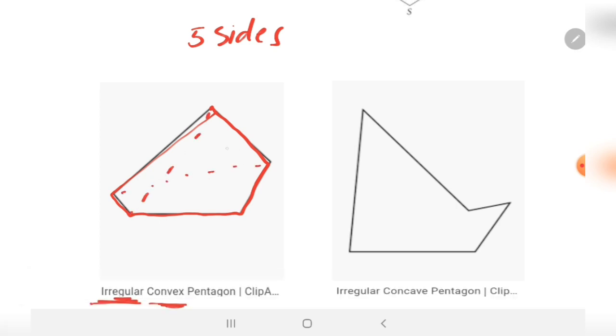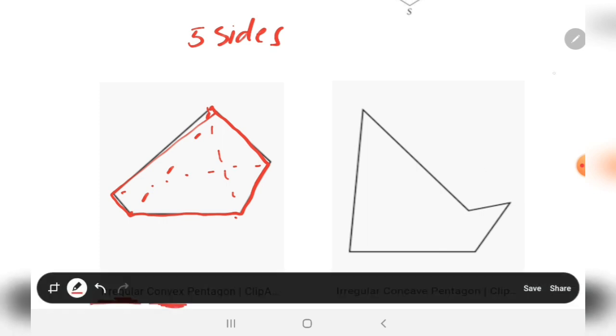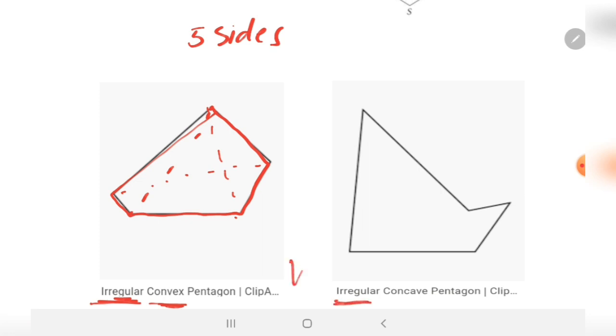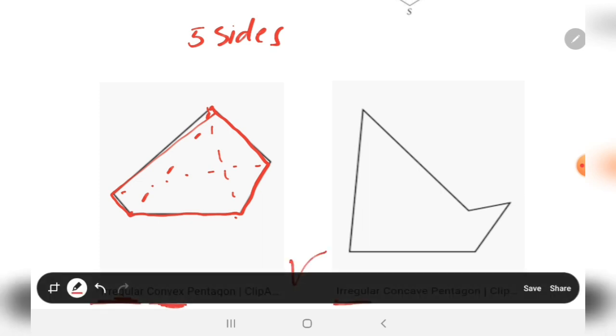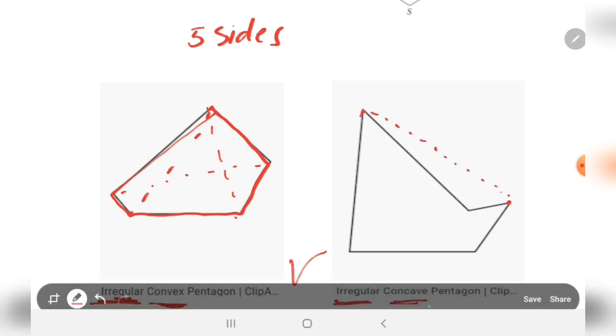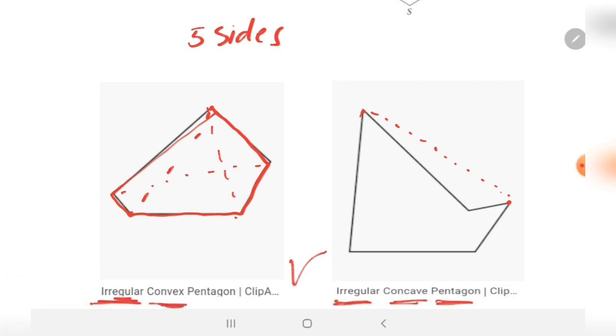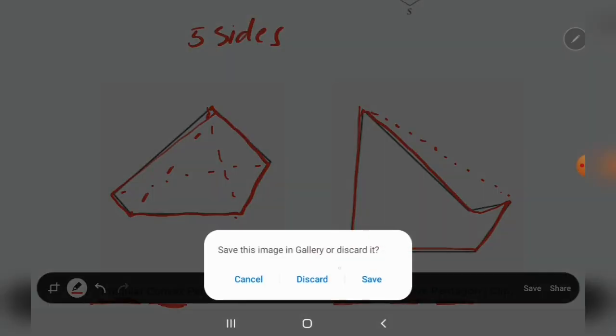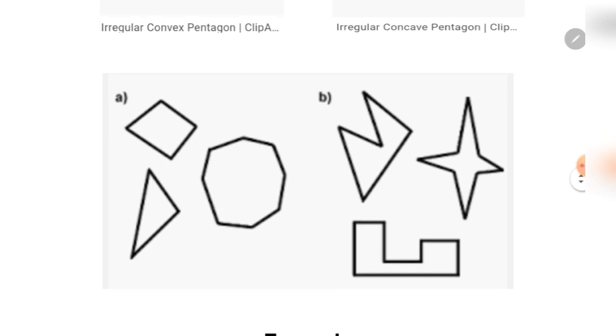Because if we draw the diagonal, there is no part outside of the polygon. But in here, this is irregular, yes, because not all sides and not all angles are equal. And then this is concave. Why? Because in here and here we can draw a line. That's why this is a concave pentagon. Why pentagon? Because there are 1, 2, 3, 4, 5 sides.